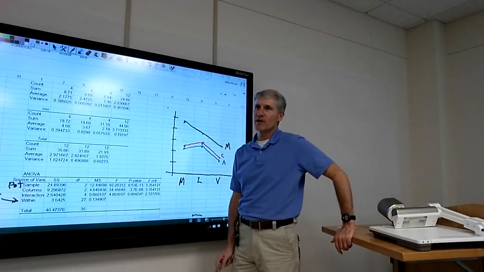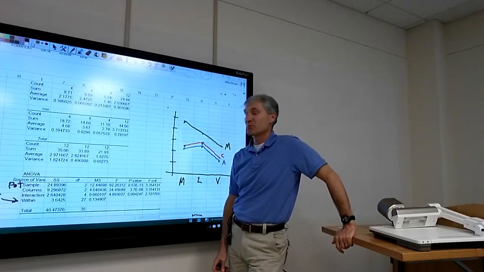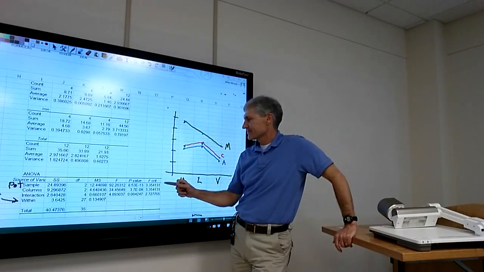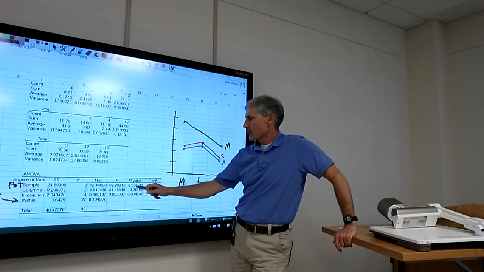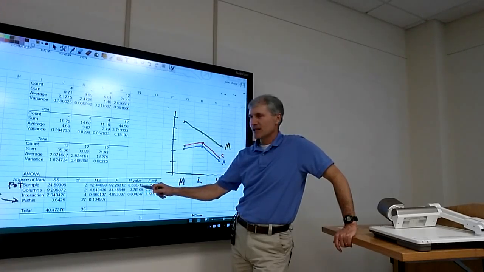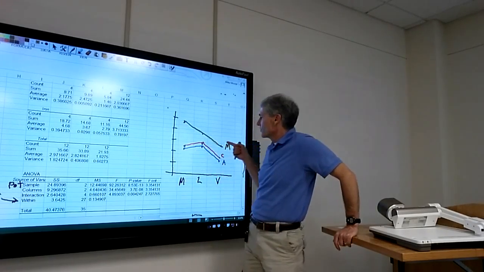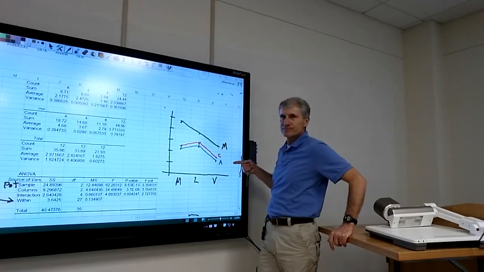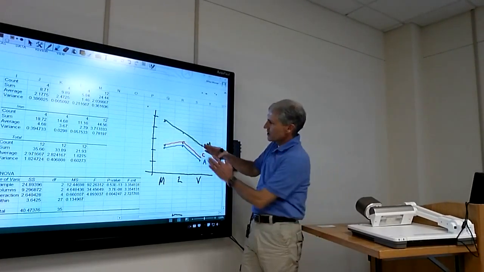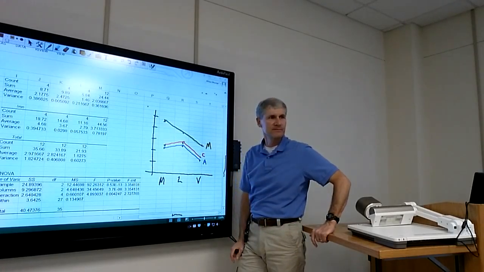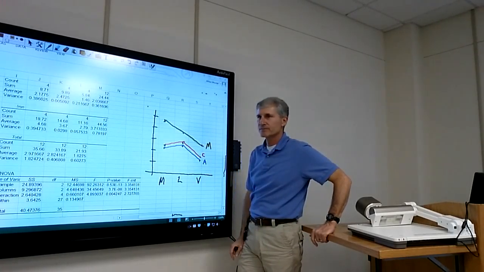And I don't know that much about F critical values, but that's a big number. So guess what the p-value is? Really small. 8.53 times 10 to the negative 13th power. So there's a huge effect due to type of pot. So basically, is there a separation between these lines? That's what you're testing. And clearly there is.